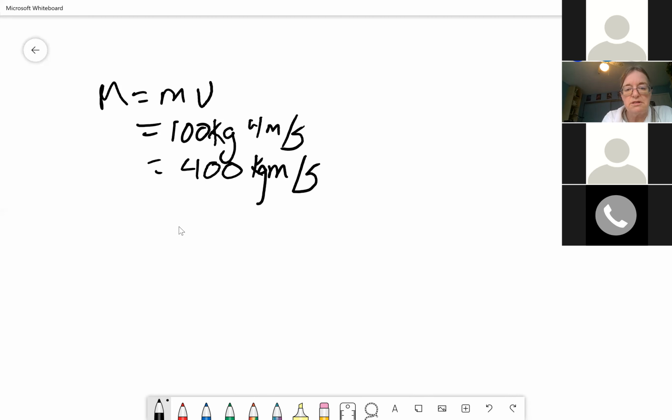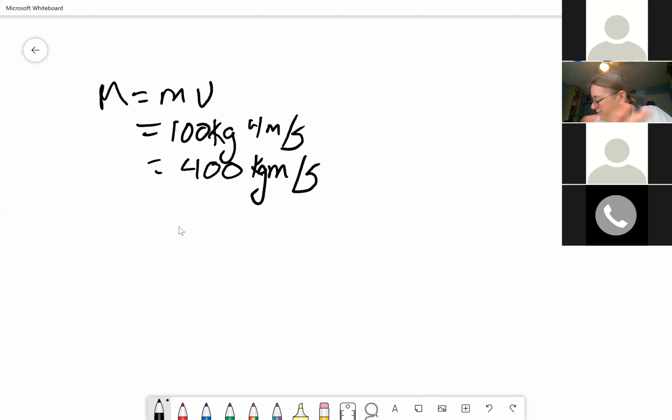Really, this is about as far as we'd go. For B, 90 kilograms times 4.5, so 405. Sorry, I shouldn't have worded that.